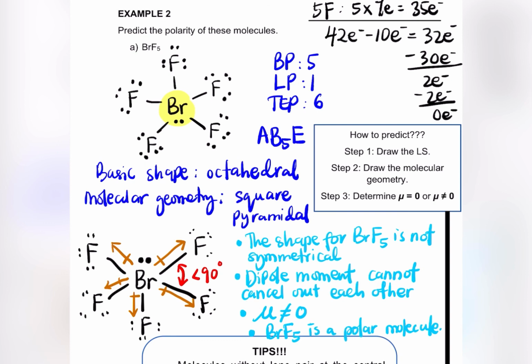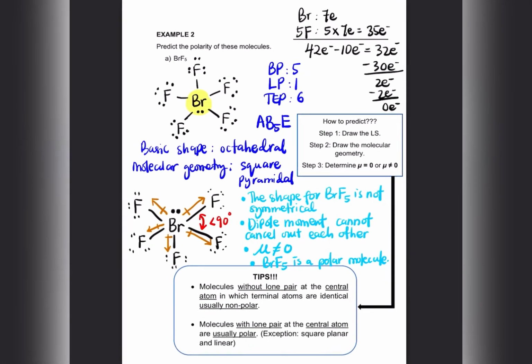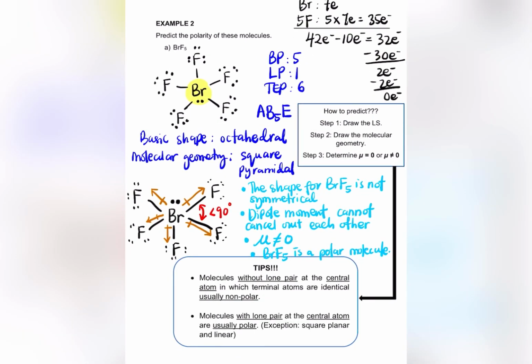Yang menunjukkan bentuk, the real shape of that molecule is based on molecular geometry. So that's all for this example. I hope you clear how to determine the polarity for any molecule. Make sure you follow the answers that I wrote here in sequence, and please try to do a lot of examples so that you can enhance your understanding.